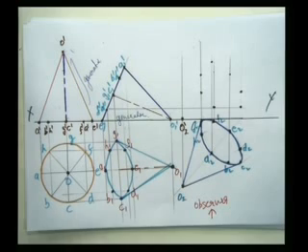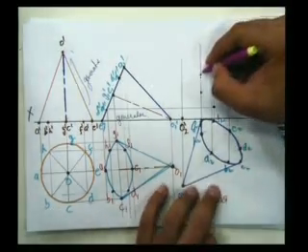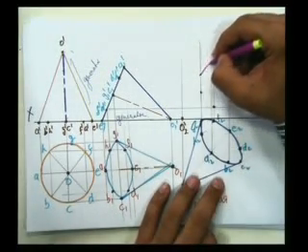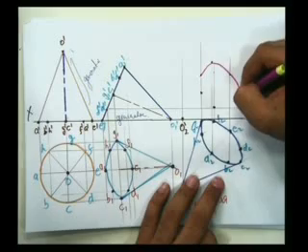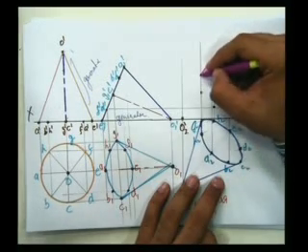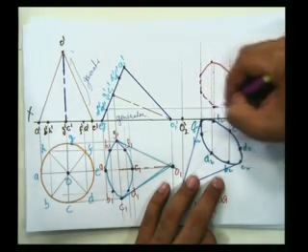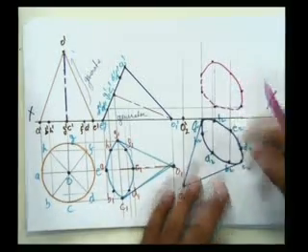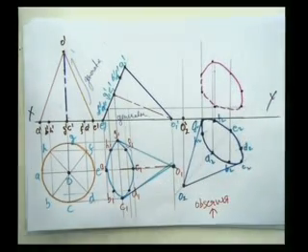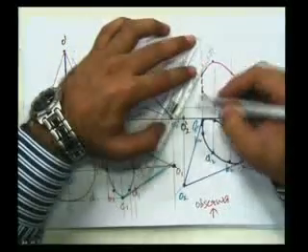So the line which I'll have as my full line would be this. And then this will be the dotted line which will be actually behind the points which will be there.